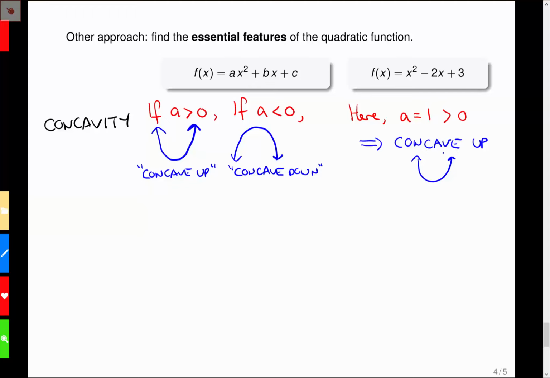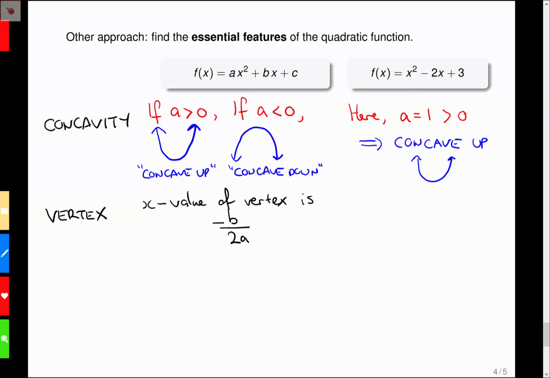Secondly, we should find the vertex. You may recall from earlier that transforming this parabola by completing the square will reveal the vertex, but there is a direct formula for the x value of the vertex also. That formula is x is equal to negative b divided by 2a.